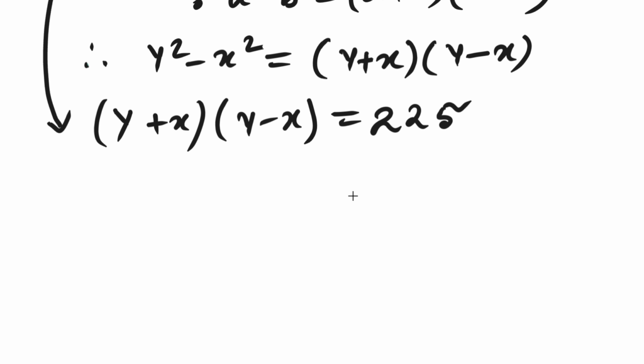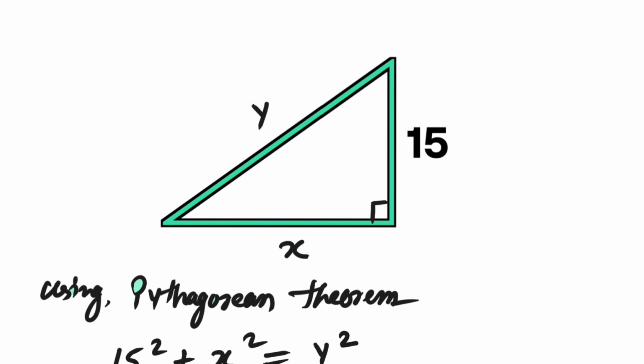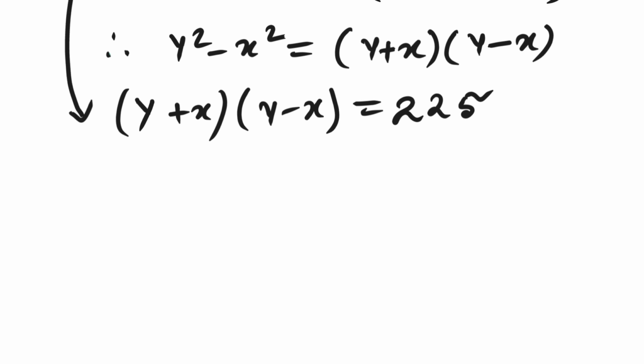Now pause here and notice why this transformation is so useful. We started with a problem involving unknown triangle sides, but now we have turned it into a problem about factor pairs of 225. We also know something about the relationship between x and y. Since y is the hypotenuse, it must be longer than the other leg x.